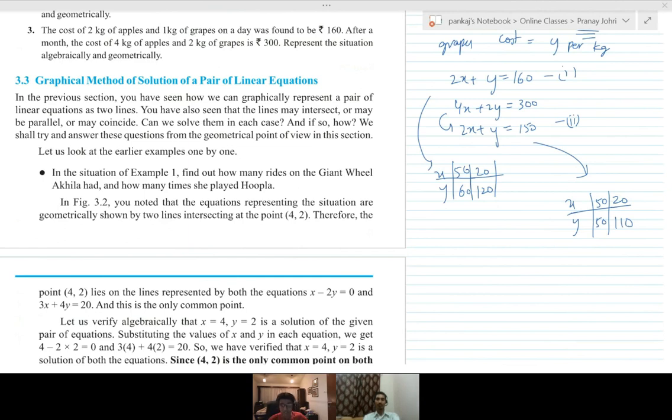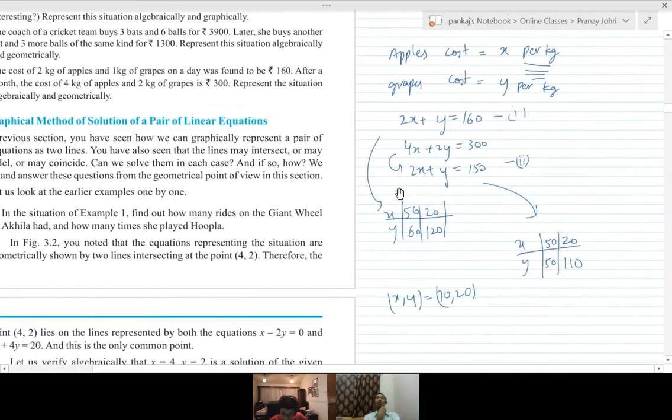The line intersects at 70 comma 20, but it doesn't fit. Wait, maybe that's 110 comma 20. Does it intersect at all? No, one second. I took the wrong point.